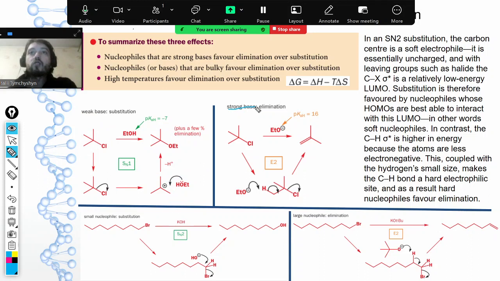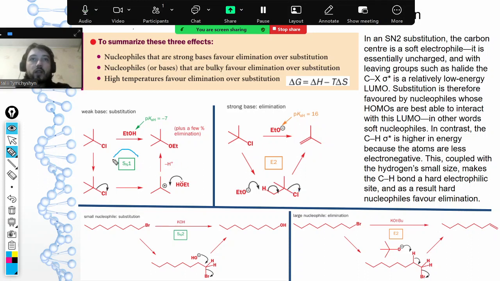So that's a substitution reaction. What about the case of a strong base? A strong base does not want to wait until something leaves. It just grabs the proton and abstracts it. Now if it grabbed the proton, we have some restructuring inside the molecule, electrons flow here and there, and the leaving group leaves. And in this case, you get the elimination reaction.